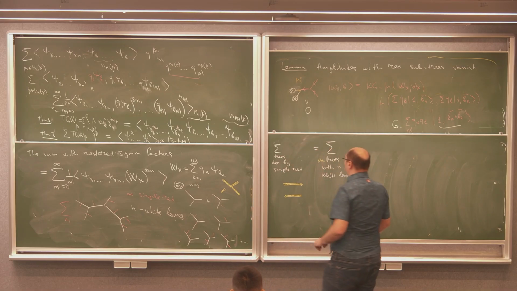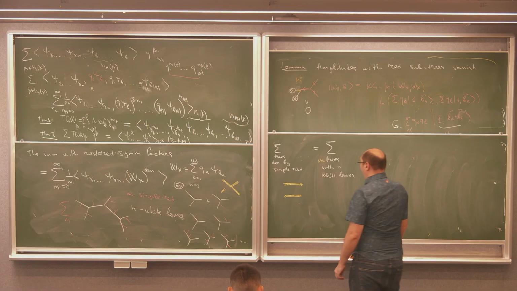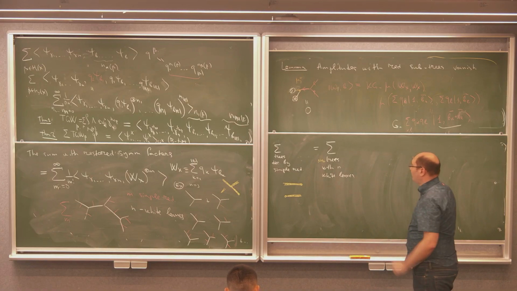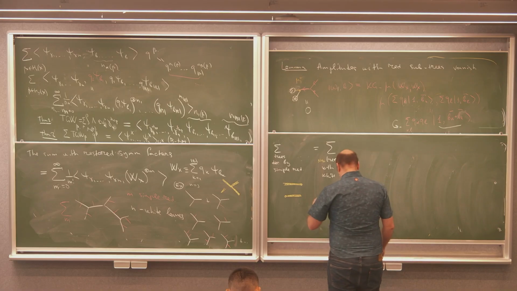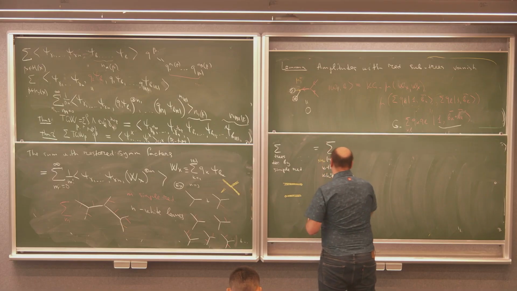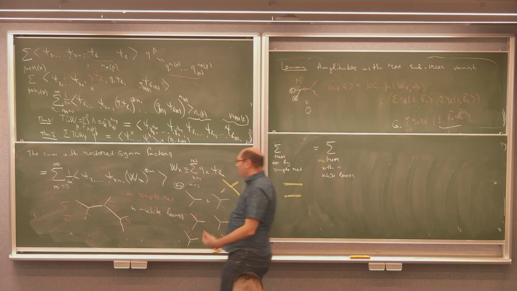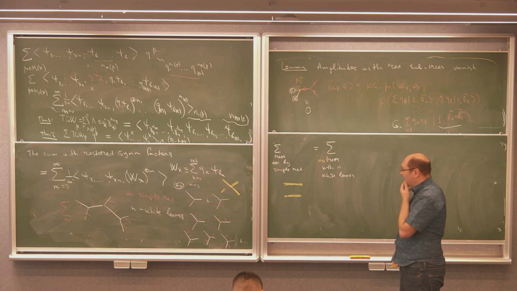So here we have n white leaves and an arbitrary number of red decorations on top of them, and we just replace it with a sum over white trees. But now, okay, white trees, some of the yellow trees, but this sum will be a summation over trees with exactly n leaves.